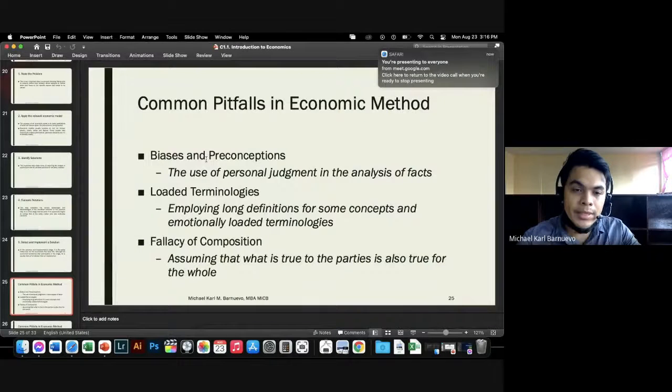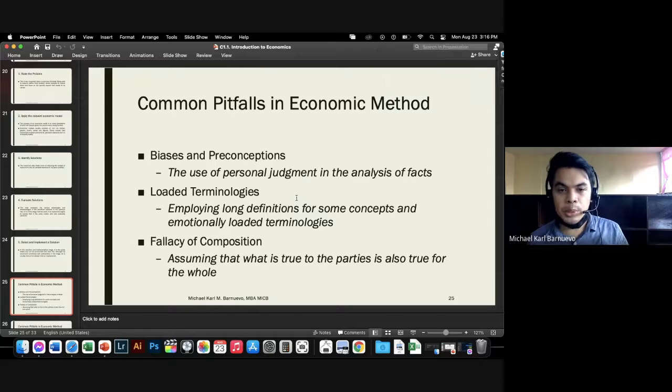Second common pitfall, we have the loaded terminologies, employing long definitions for some concepts and emotionally loaded terminologies. Now, this is a common problem when it comes to economics, especially for some who have no background in economics, and they are talking to someone who has background in economics. The terms are nakakatakot.